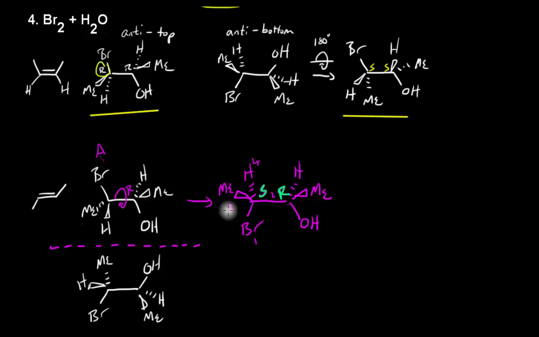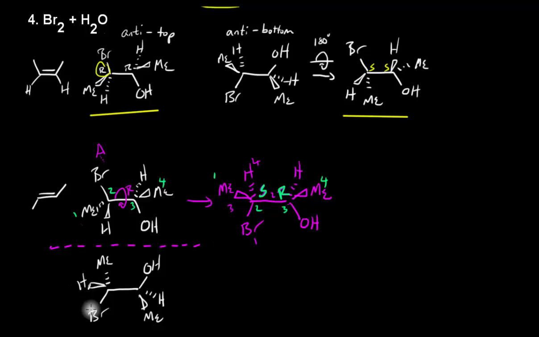Okay, so if we were to number these carbons, so this is, let's say, carbon 1, 2, 3, 4. This is still carbon 1, 2, 3, 4. Okay, so we know carbon 2 is S, carbon 3 is R for the first possibility.